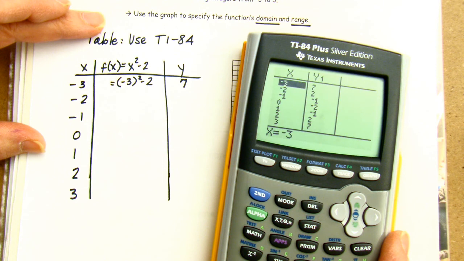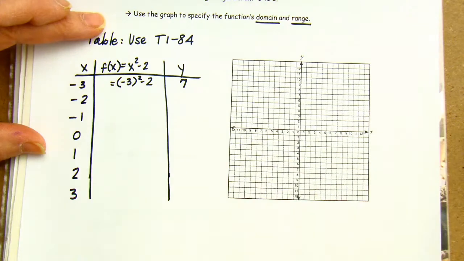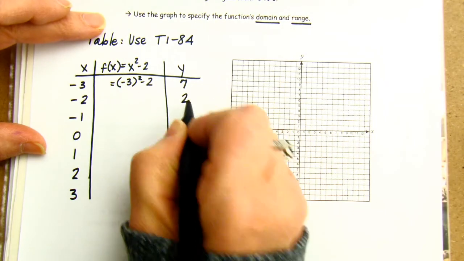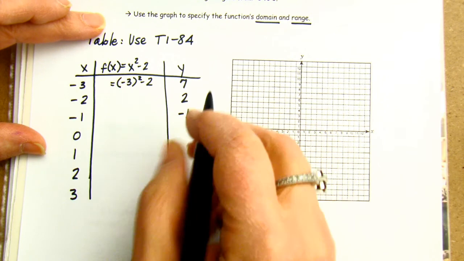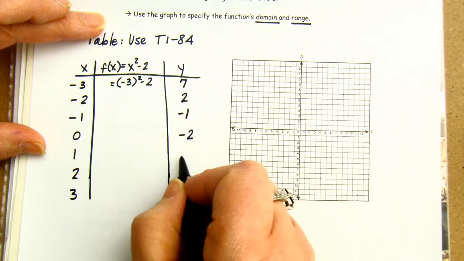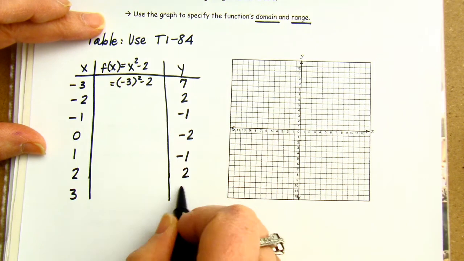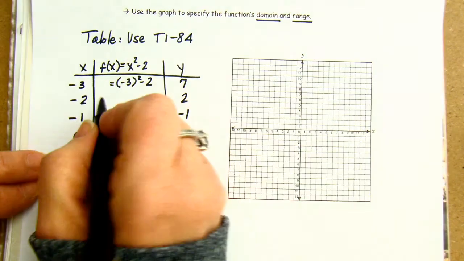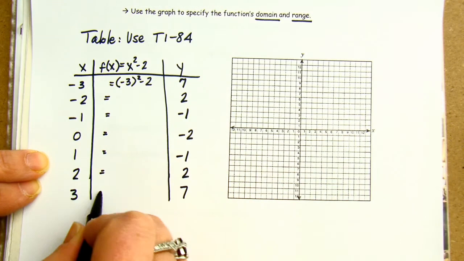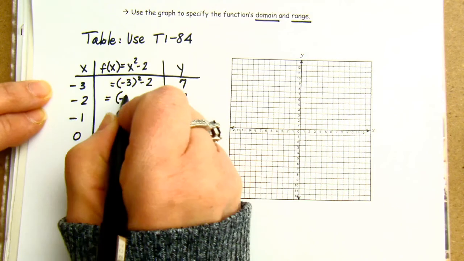7, 2, -1, -2, -1, 2, and 7. Again, you can set this up.